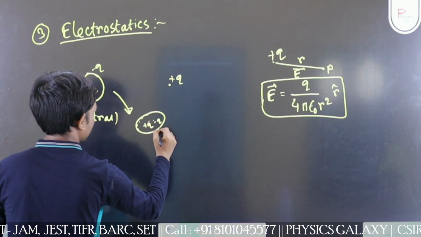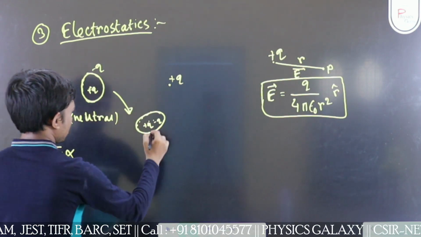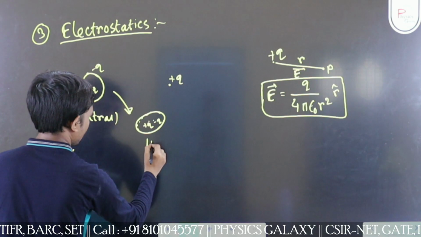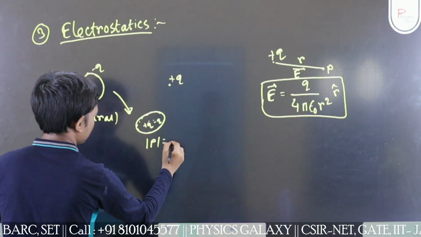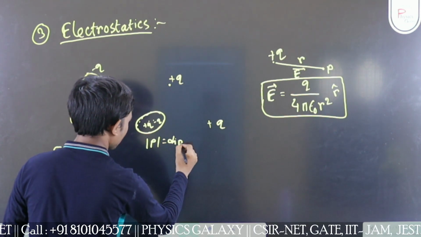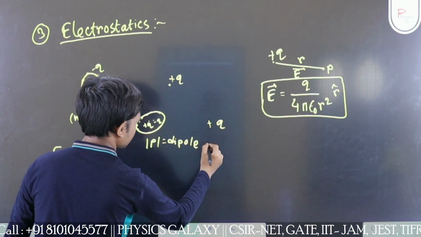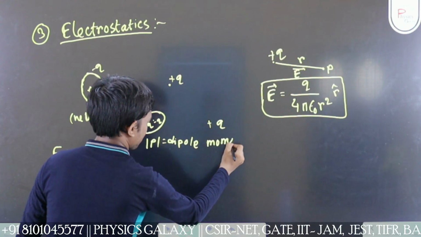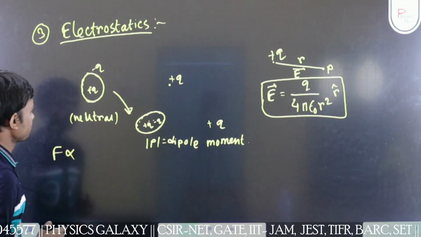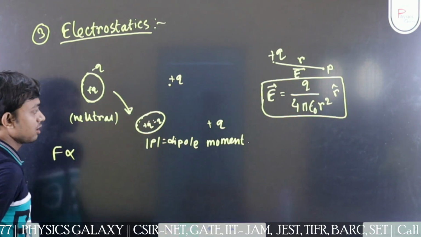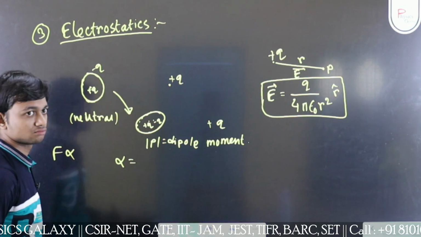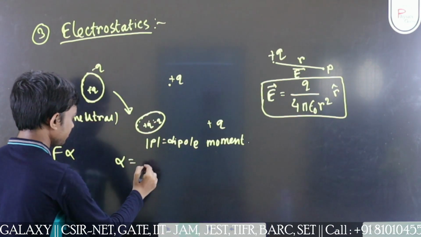It is the electron cloud, and I assume it is the magnitude of the dipole moment, or the point charge. And I introduce one term, alpha, the polarizability.